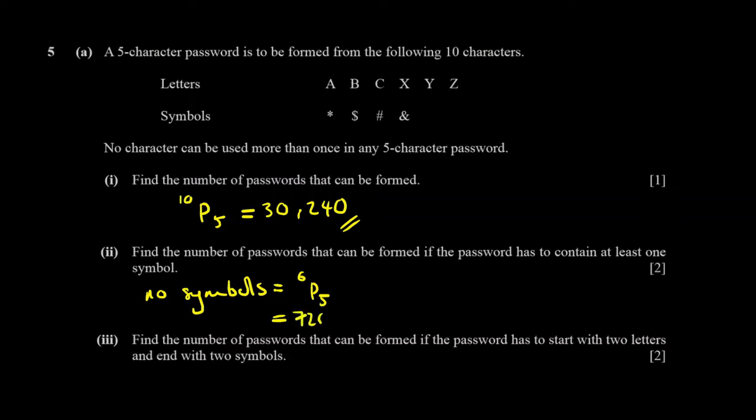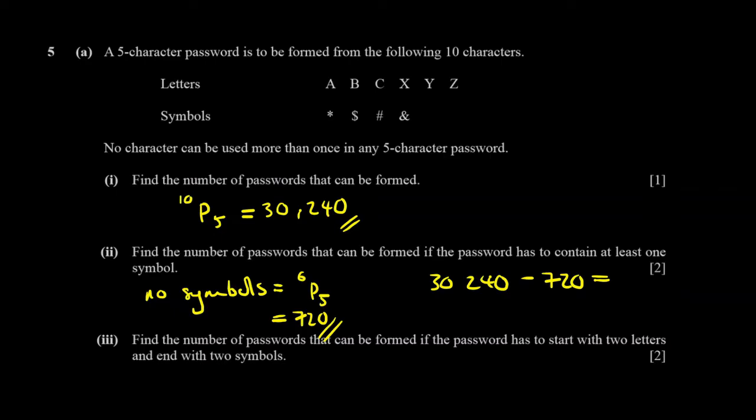Okay. And if we know that the total number of passwords that we can have is 30,240, and the number of ways in which there are no symbols is 720, then the number of ways in which there is at least 1 symbol has got to be 30,240 minus the 720, right? Because this represents all the ways, and this represents all the ways where there is no symbol.